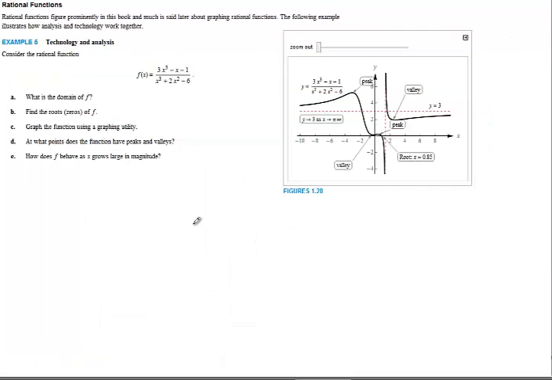We'll investigate rational functions in depth in this course, but first let's look at them. I'm going to hit apps. I'm going to go to number 4, which is polynomial solver.